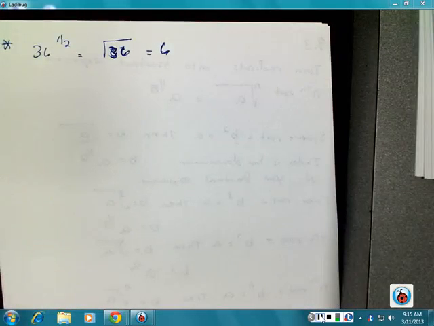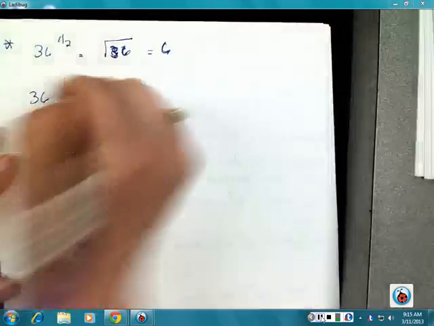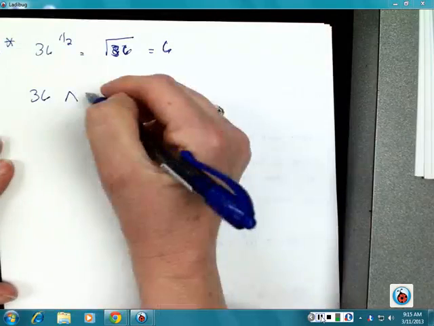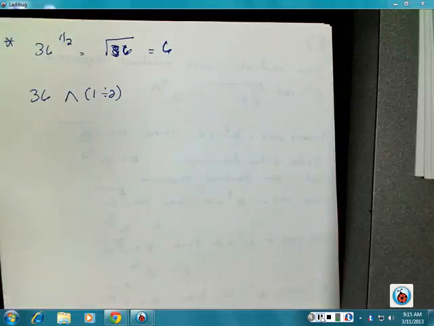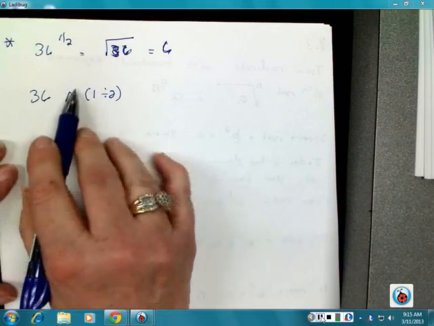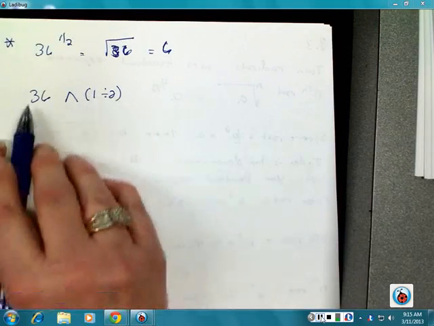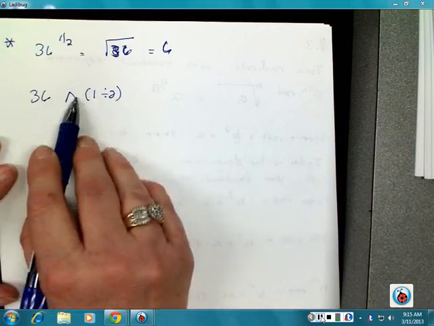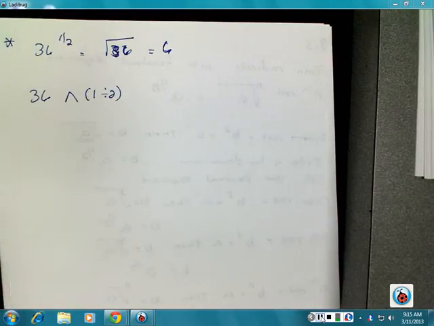Can you stick these on your calculator? Yeah. Now when you put them on your calculator though, if you take 36, use your caret key, make sure you put your 1 divided by 2 inside of parentheses, because if you do 36 caret 1 divided by 2, it's going to take 36 raised to the first power, divide it by 2, and give you the answer of 18, which is not what you want.